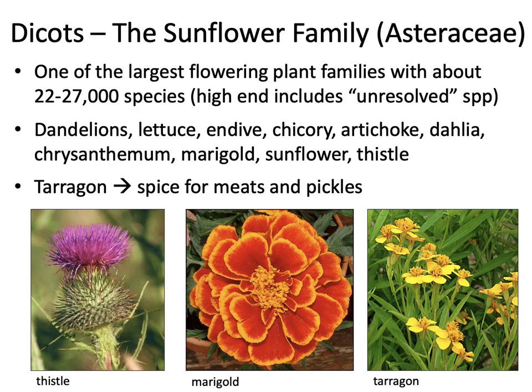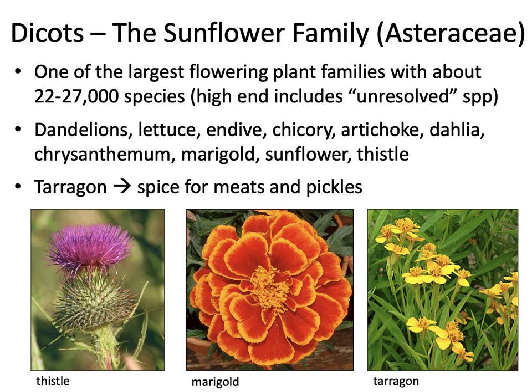Different plants in the sunflower family include, of course, sunflowers, and sunflowers are very important because they provide oils and a food source for many different types of commercial interests. Also, dandelions, lettuce, endive, chicory, artichoke, dahlia, chrysanthemum, marigolds, and thistles are other important plants. Many of these are used for landscaping.